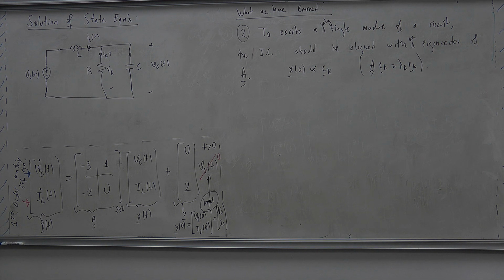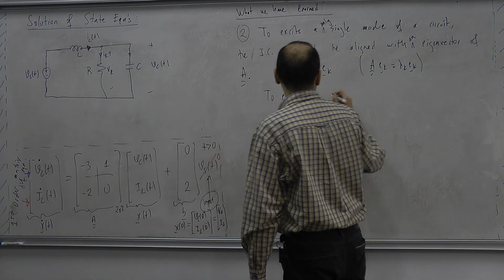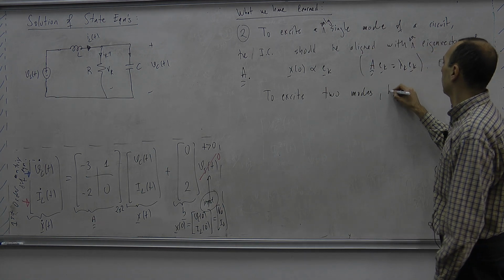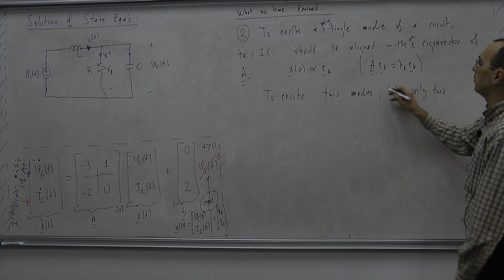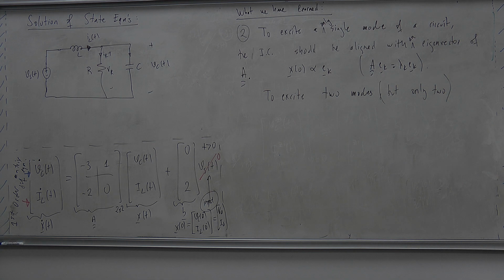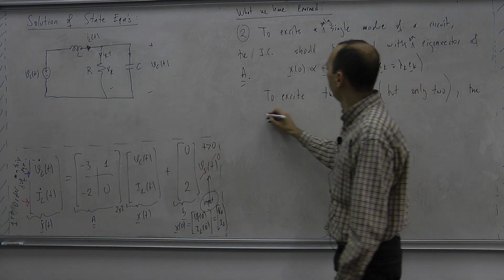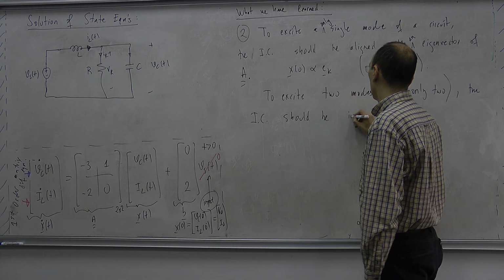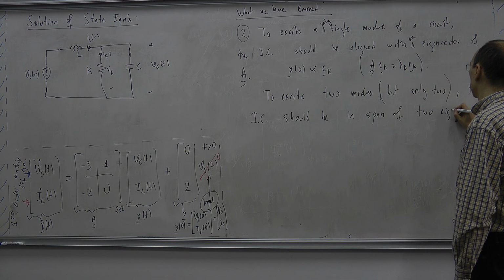Okay? So, similarly, to excite, let's say, two modes, but only two, meaning that we are exciting not three but two modes, to excite only two modes, the initial condition should be in the span of two eigenvectors.